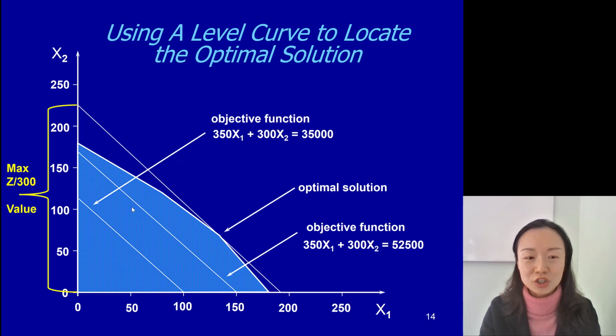And the second condition is that it gives us the optimal objective function value, and in this case, it is the maximized z value. So as long as we maximize this z divided by 300, we maximize our z value, right? So this is our optimal solution that we can identify using this level curve method.